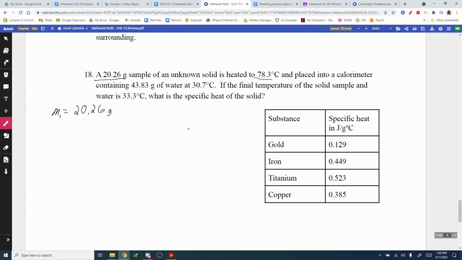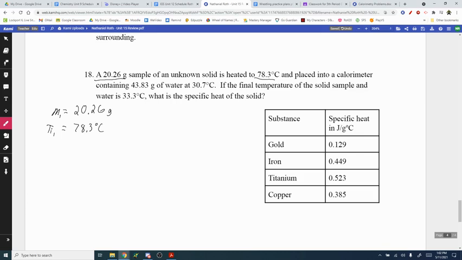It's heated to 78.3 degrees Celsius. Okay, so that is going to be our initial temperature. So Ti of 1.